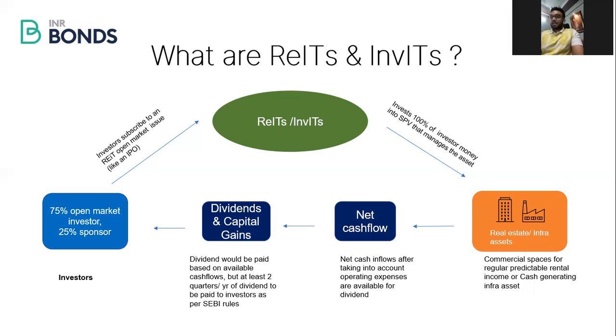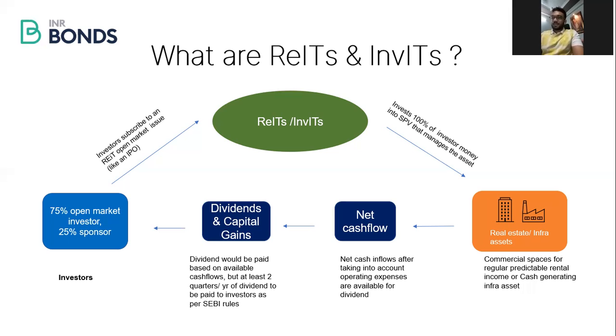Once the investment is done, the net cash flows, inclusive of all the expenses, depreciation and everything, whatever is left will be given to the investors of the REIT or InvIT in the form of dividends. As per SEBI, dividends have to be paid for a minimum of 2 quarters in a financial year.